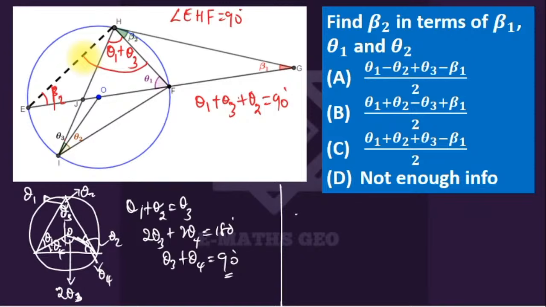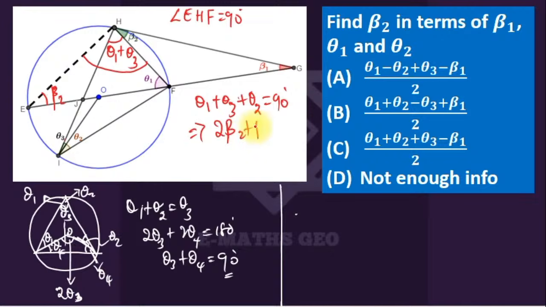Since we have 90 here and we have beta 2, if I add this whole angle, this and this, it gives us 180. Yes, that's the angle sum theorem for a triangle. So adding this and the whole angle, this is now 90 plus beta 2.